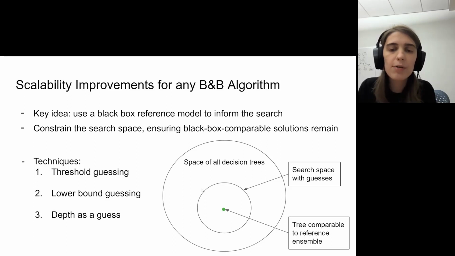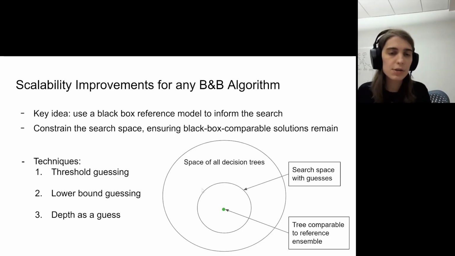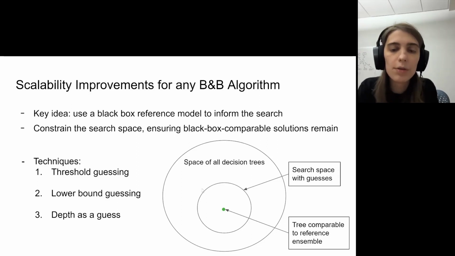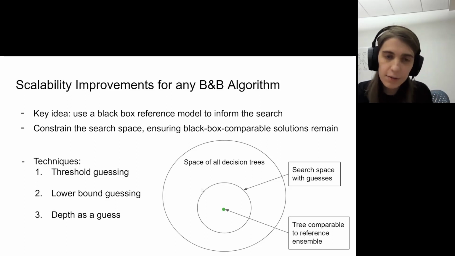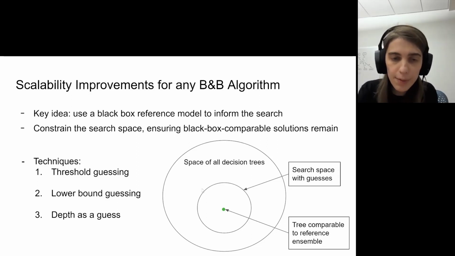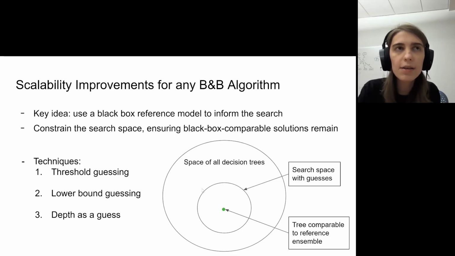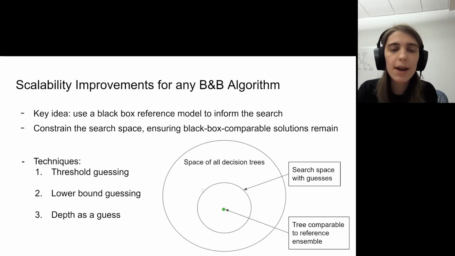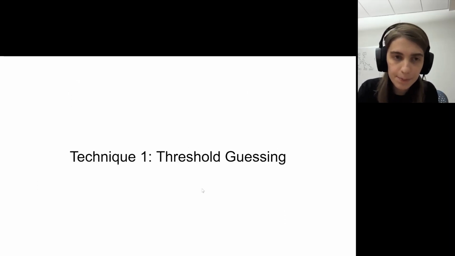So when we constrain the search space, we always know that we could still find this tree that's comparable to the reference ensemble or another one that's just as good or better. The techniques we use are threshold guessing for continuous variables, lower bound guessing for convergence, and we also talk a little bit about existing approaches like depth and how they relate to this guessing framework of constraining a search space and thinking about what you find when you optimize only within a subset of the space.